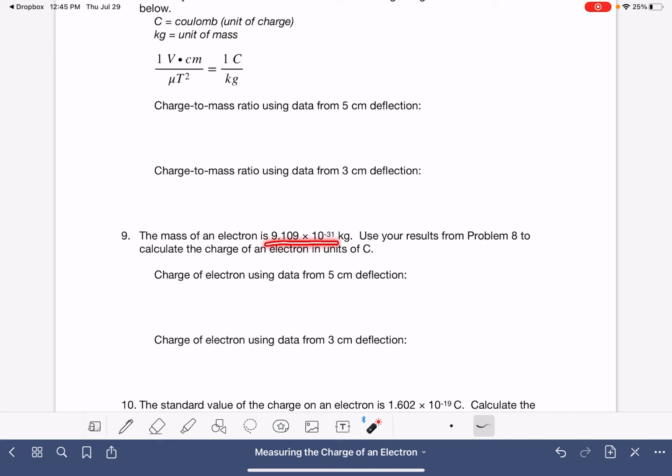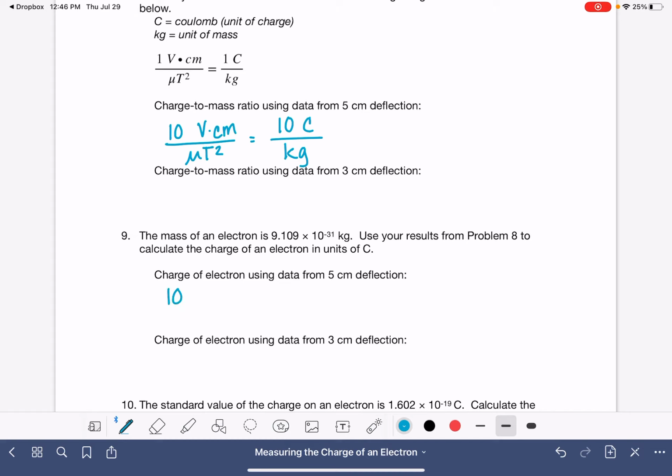Down here, you're being told the mass of an electron in units of kilograms, and so you're just going to figure out the actual charge. So let's say this is not accurate data, but let's say that we had 10 volts per centimeter per microtesla squared. That's going to be equal to 10 coulombs per kilogram. That would be our charge to mass ratio.